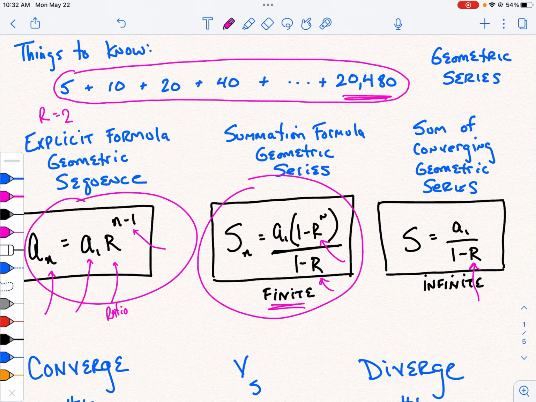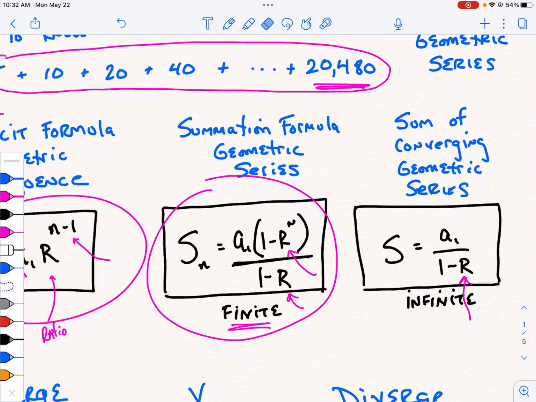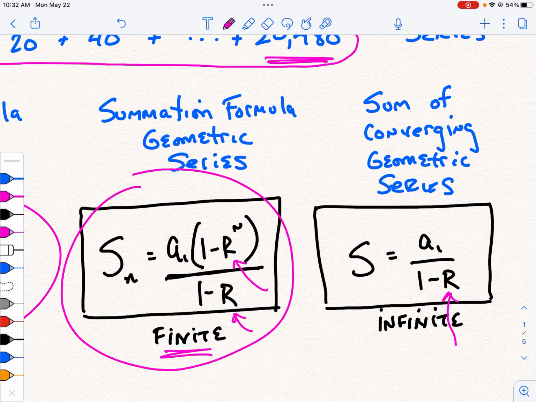And if you're going to do something that's infinite, now infinite is strange, right? If we took this and we kept adding on, we would keep getting bigger and bigger and bigger numbers, and our sum would keep getting bigger and bigger, and we would not be able to find the sum of that series. However, that's not what this third formula is actually doing. This third formula is saying, what if we have something that is converging towards a number?